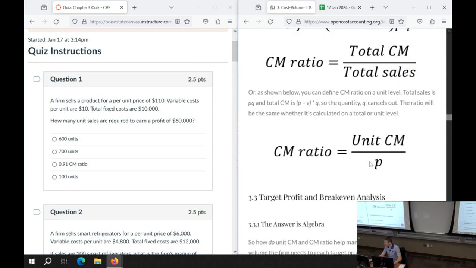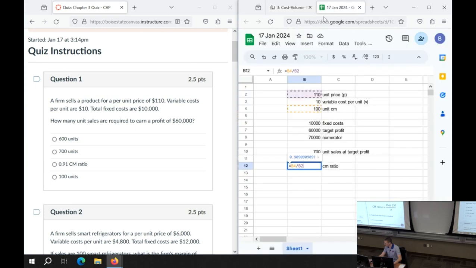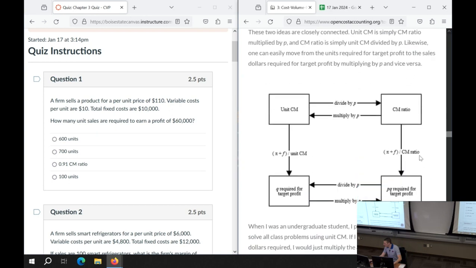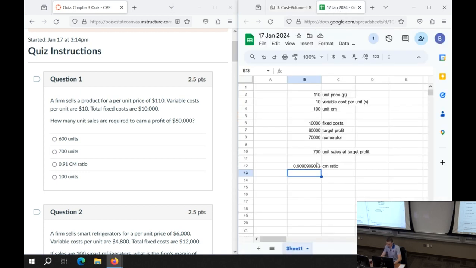Yeah, unit contribution margin over the price. So that's our CM ratio. And if we go back down to the problem-solving matrix, we can apply that in the denominator, and we'll end up with the target sales required. And we can take that target sales and turn it into just unit sales here in a minute. So we can take this 70,000 divided by this 0.91 CM ratio.